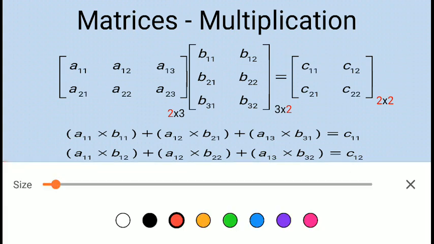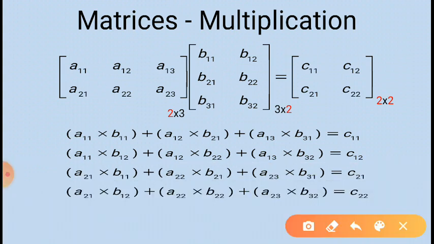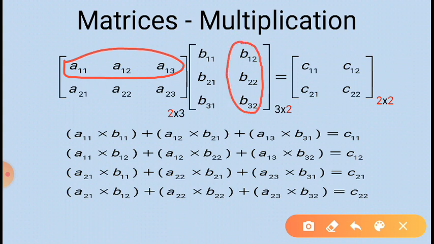Likewise, we have to multiply the first row with the second column to get C12. The second row will be multiplied with the first column to get C21. The same second row will be multiplied with the second column to get C22.